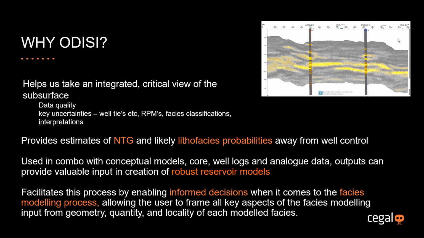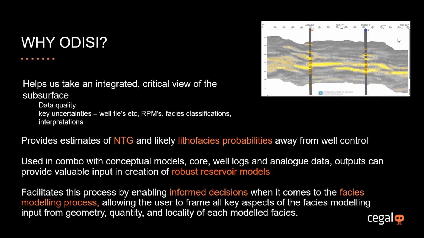The second point, and the key value leverage from ODiSI in the context of my presentation for today, is that it gives us critical insights into the spatial distributions of lithofacies and net intervals away from the ground truth. So this is clearly valuable in answering fundamental questions about our reservoirs, like the sand body morphologies away from well control, or the nature of connectivity between wells and the distribution of shales and baffles and barriers to fluid flow.